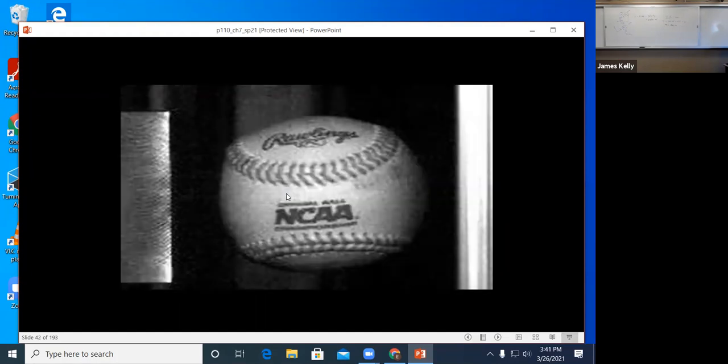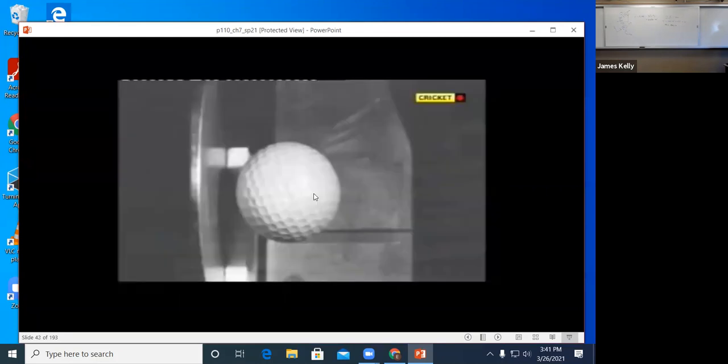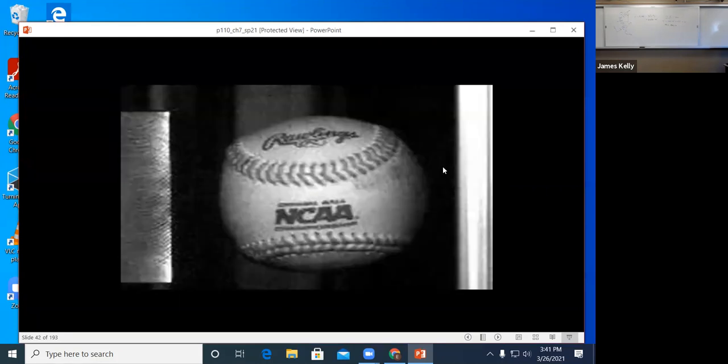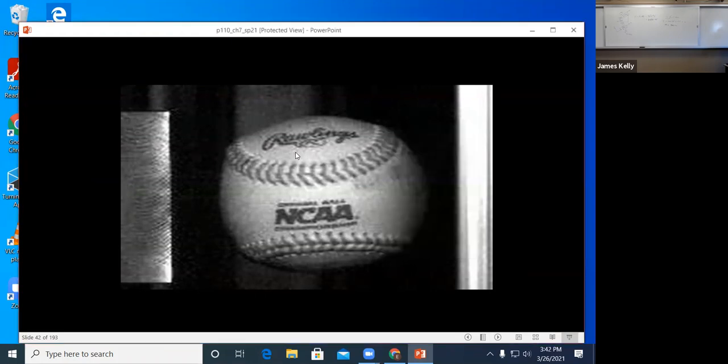Let me click on the video and hope, no. I thought if I click on it, it would play. What do I have to do? Do I click over here? Is there a keyboard shortcut to play? It worked back in my office. It's supposed to show.